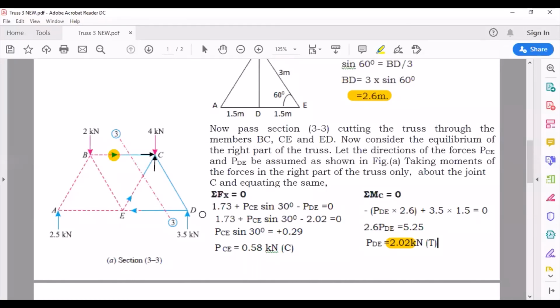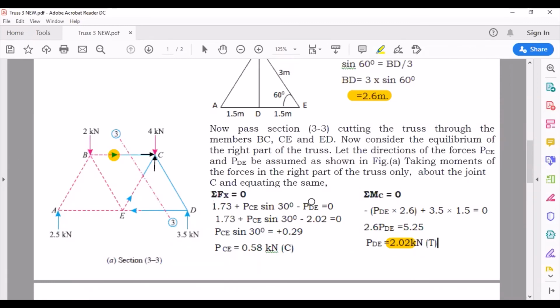Rearrange the terms in this equation, and you will get PCE sine 30 is equal to 0.29, which gives PCE 0.58. Now again, you can see that the direction of PCE is towards C, therefore it is compression.